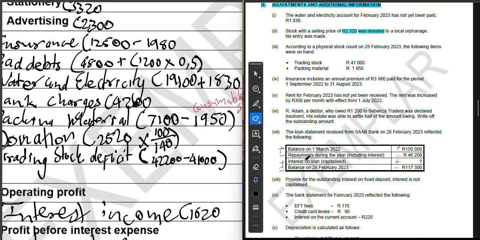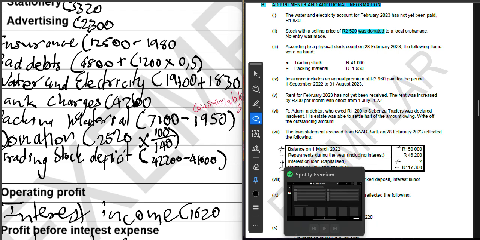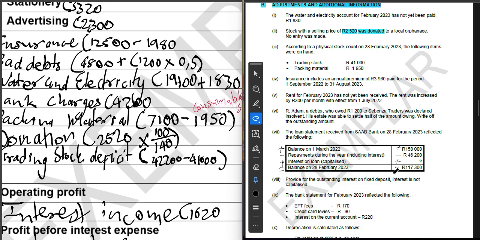Interest on loan capitalized means that we take all the interest for the year, put it as one lump sum, and add it to the loan, so it adds to our liability. That's a plus. So we take all these signs and work them as they are. Let's work with this information first, and then afterwards we'll work with the other information.